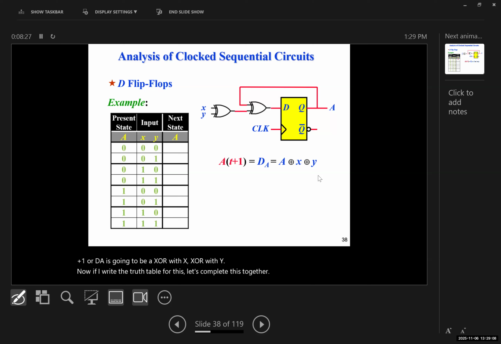I'm going to give you some time to think on the first row. So if initially A was 0, and X is 0 and Y is 0, what would the output be?